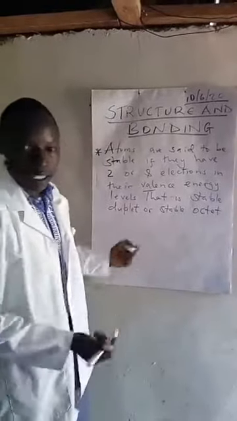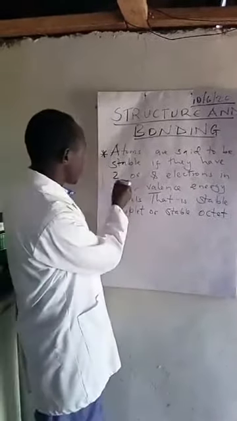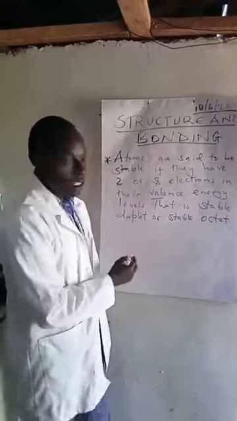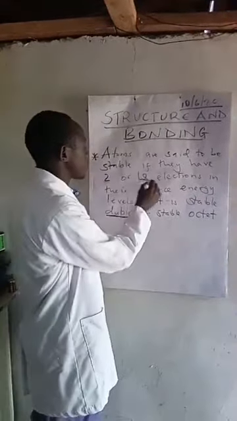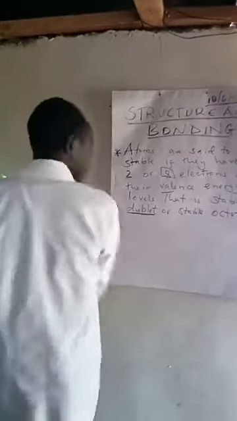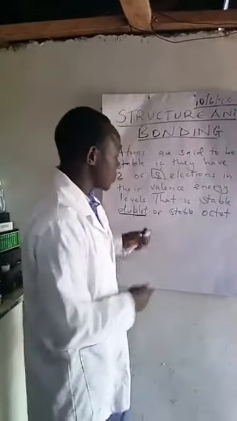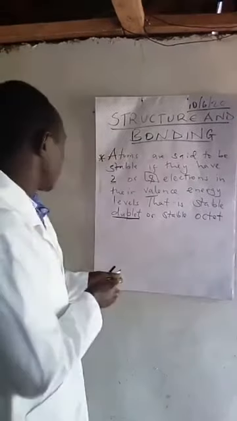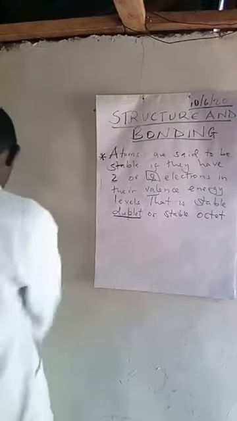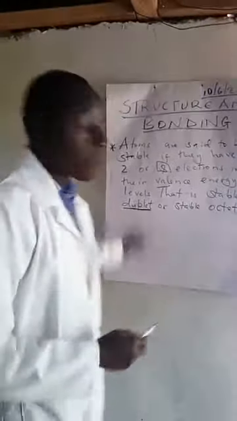Stability of 2 is referred to as a stable duplet, while those that have 8 electrons in the outermost energy level are said to have an octet. So we have an octet and a duplet. This is a characteristic of group 8 elements.